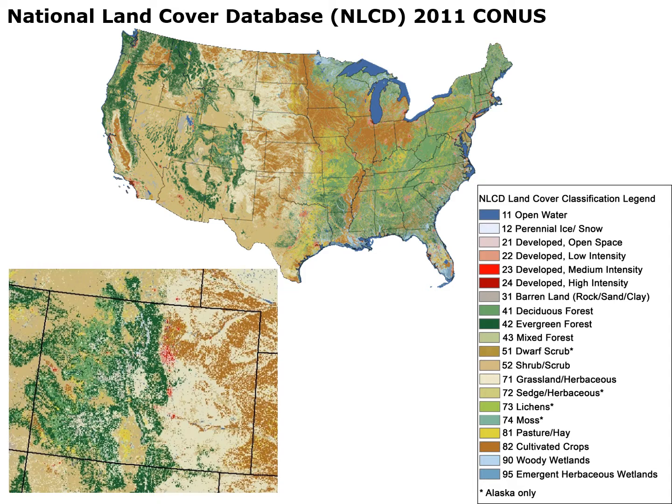So those are typically found in seasonally wet permafrost areas, and then cultivated areas, pasture, crops, and finally woody wetlands. So it was 16, and it looks like they added, for the most recent, 4 classes that I never use because I don't work in Alaska.